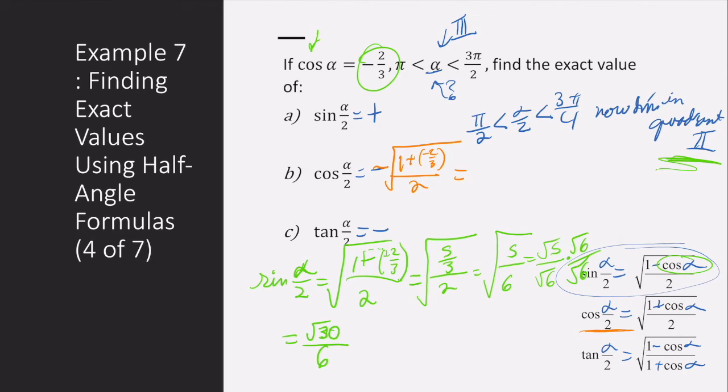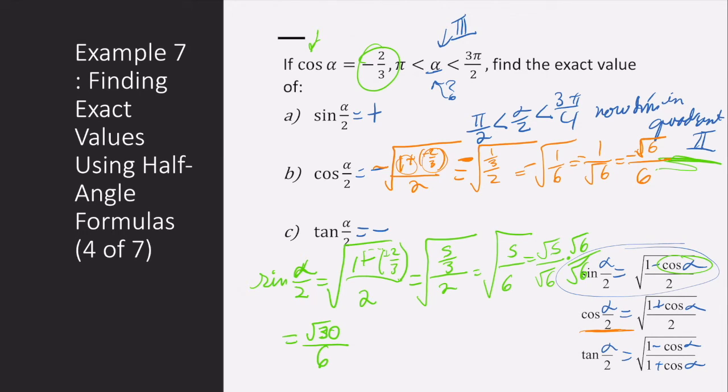That becomes the negative square root of 1 minus 2/3. That becomes 1/3 divided by 2, which gives me the square root of 1/6, which gives me 1 over the square root of 6, but it's negative. Don't forget it's negative. So I get negative square root of 6 over 6.